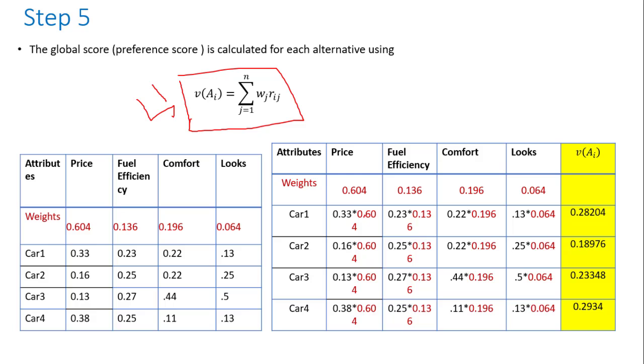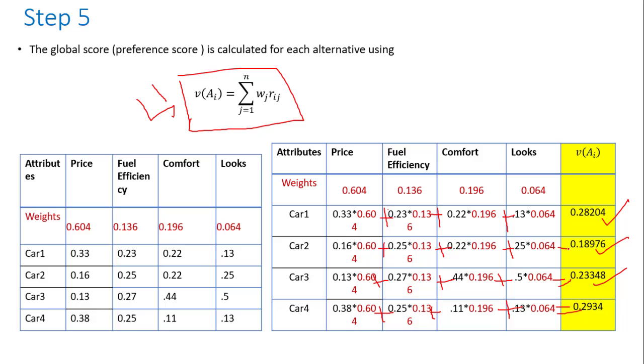Once these are calculated, take the sum of these terms. So VA1, the score for car 1, is calculated. Similarly, VA2 is calculated, VA3 is calculated, and this is VA4.